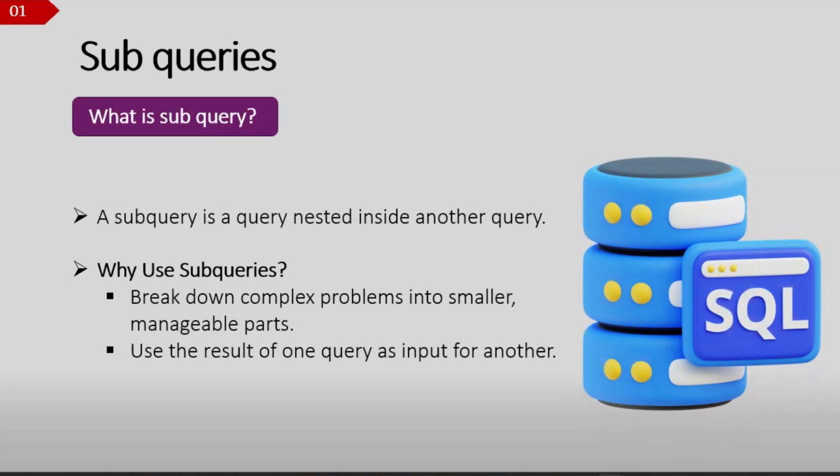Do we have a column called the average sales of the company? No, but we can calculate it from a query. But I want to make this condition inside my main query. What should I do? Yes, you should do a query inside another one. So the outer query, or the main query, uses the output of the inner query inside it.